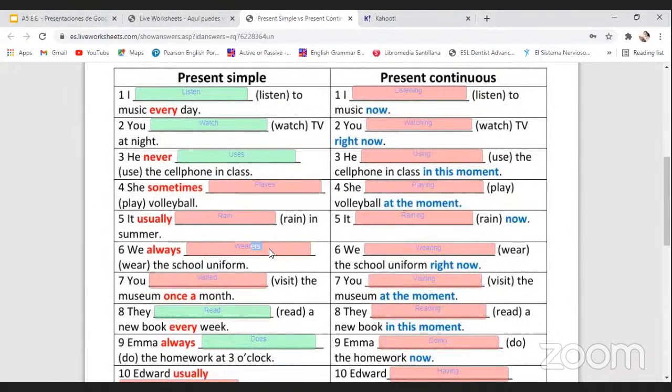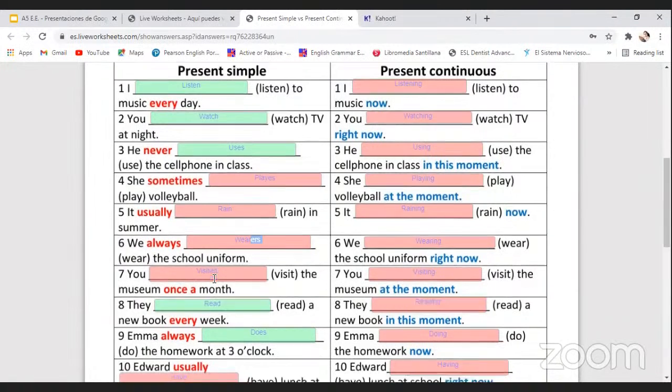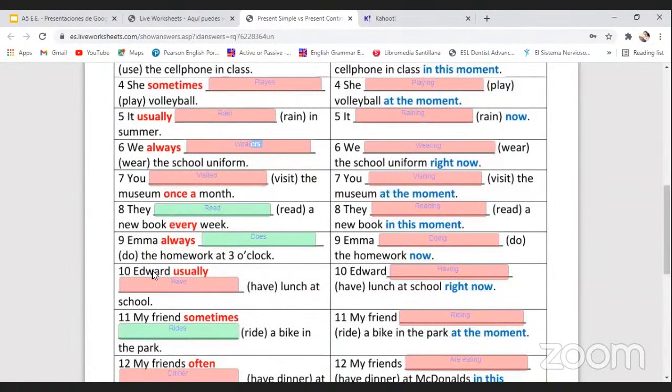Here it was only wear. Why? Because the subject is we, plural. And here you, also plural, you visit. Only visit. And here Edward, because it's Edward, singular subject, he usually has.